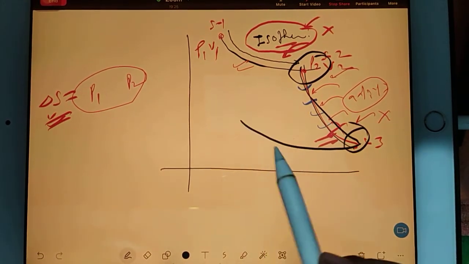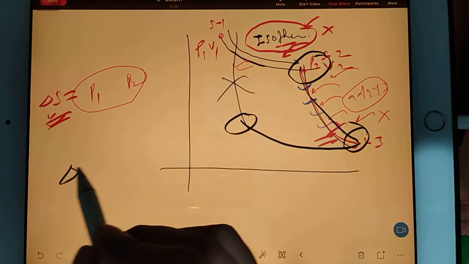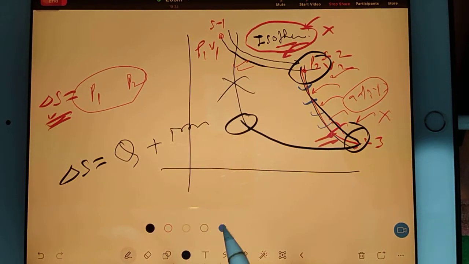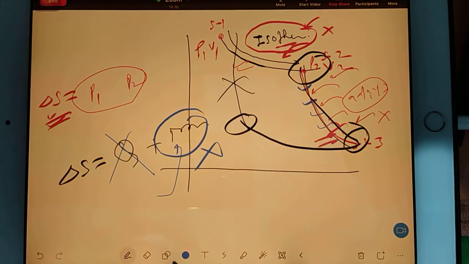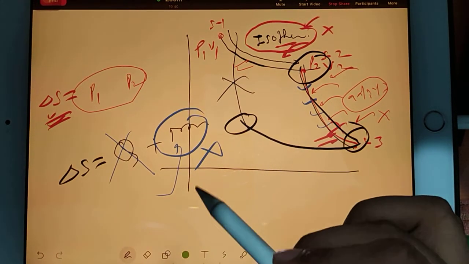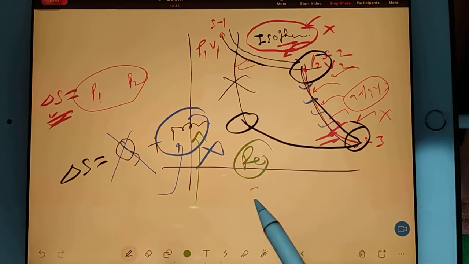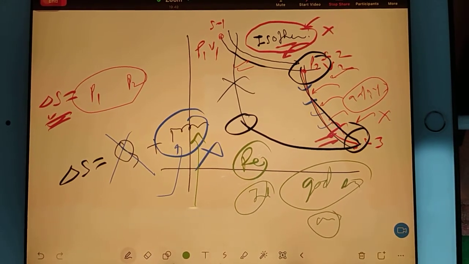And then again here you have a change in entropy, but here you don't. Because entropy changes because of heat transfer plus irreversibility. So if you are not allowing heat transfer, then what about irreversibility? It depends on the device. If the device is reversible, it means ideal. Ideal means God made, not human made.